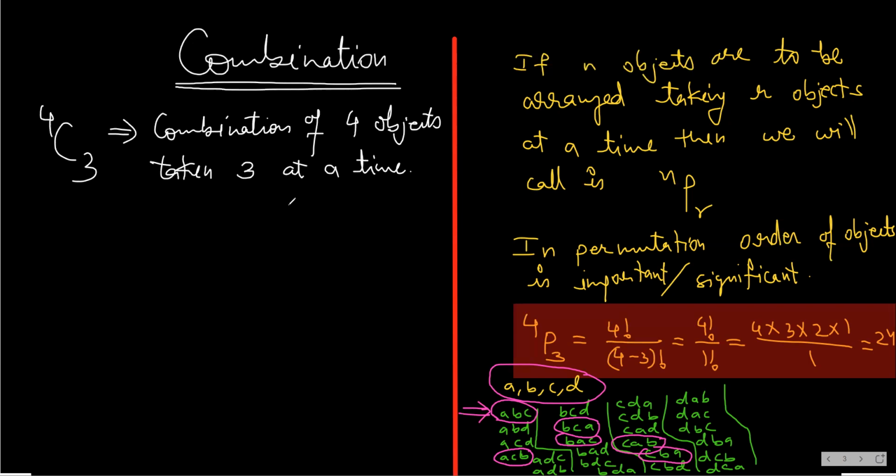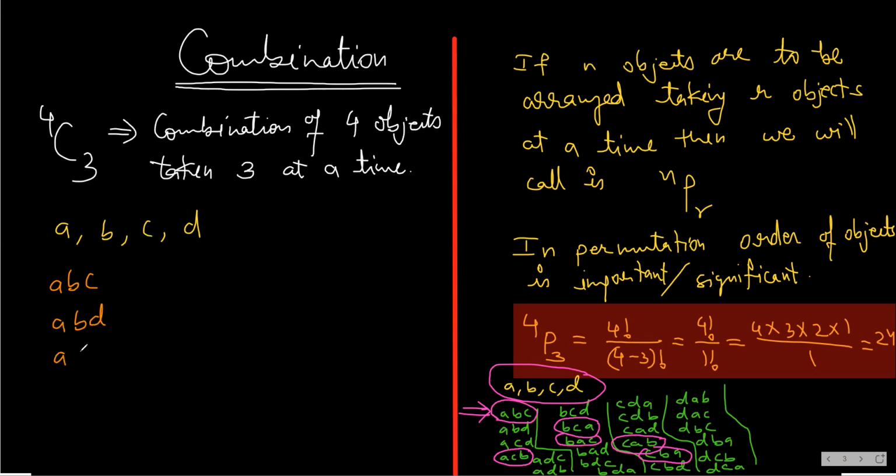What does it mean? Very simple. Four objects are there. You have to take three objects from those four objects. So let us take ABC. The first one that I take is ABC. Now after ABC, I take ABD.